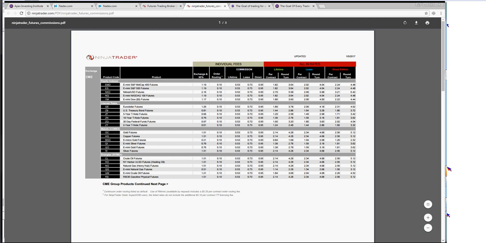If you have the free edition, you're talking like $5 round turn, 4.48, 4.50, whatever. If you're leasing it, 4.04 round turn. If you own it, $3.64 round turn. So you're saving almost $1 for every single round turn contract you do.